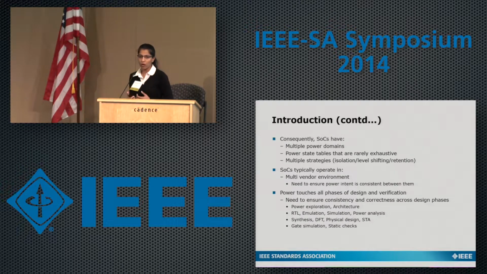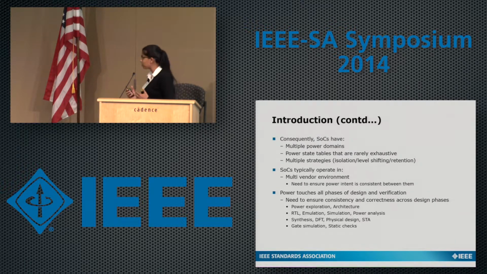In order to model all these effects through the standard 1801, or UPF as it used to be called, I just have to point out that 1801 also incorporates several features of CPF 2.0, which was officially incorporated into the 1801 standard now. The idea is, in order to capture all this different power information, we end up having a lot of different power domains in our design.